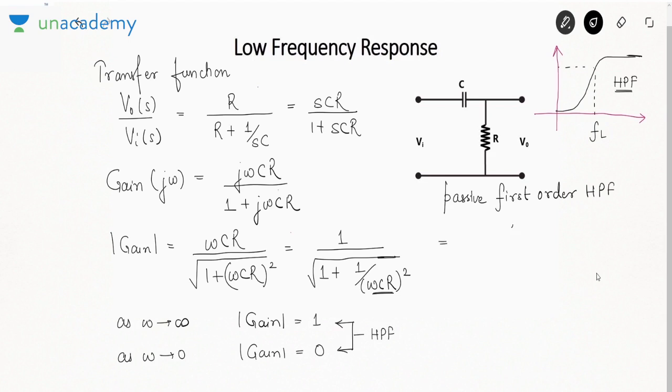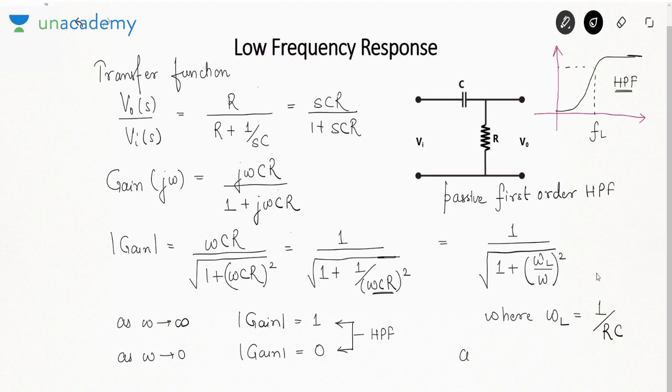Now this function is also written in this manner, 1 plus omega L by omega whole square, where omega L is actually equal to 1 by RC.